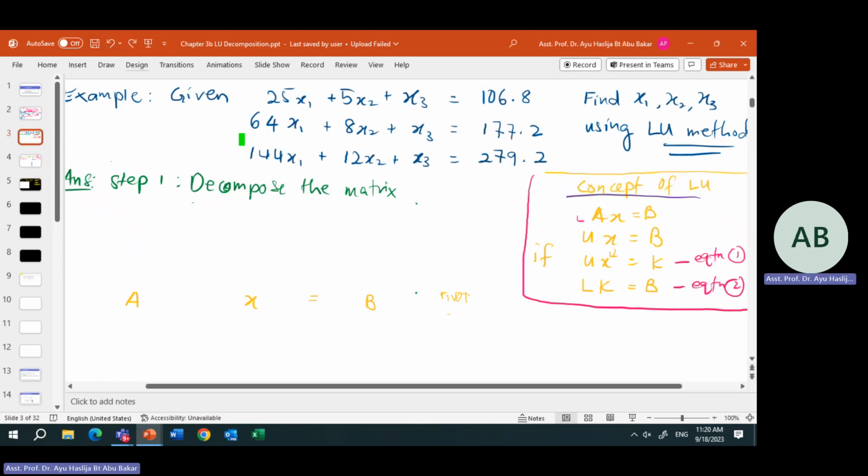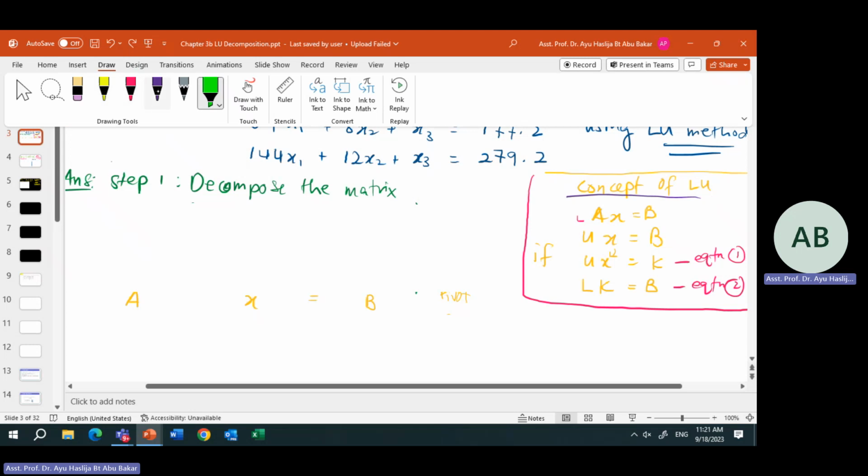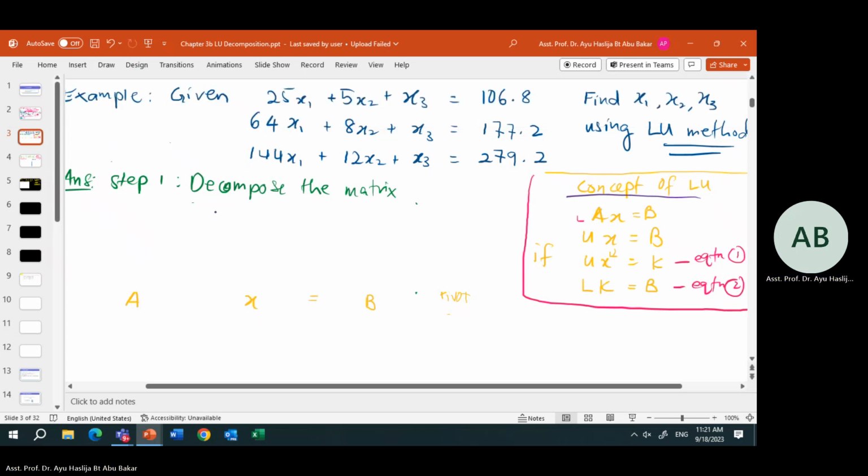From the given equation, the first step is to decompose the matrix into lower and upper bound. The concept of LU is this. This one you need to memorize. This one will not be given in the assessment.